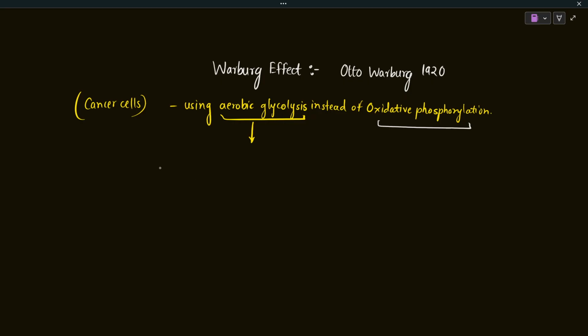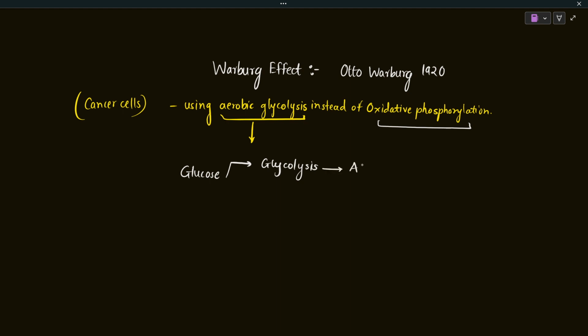So let's first summarize what happens in the glucose metabolism pathway. Glucose follows a few major metabolic pathways. First, it can undergo glycolysis, in which the glucose is converted into pyruvic acid.